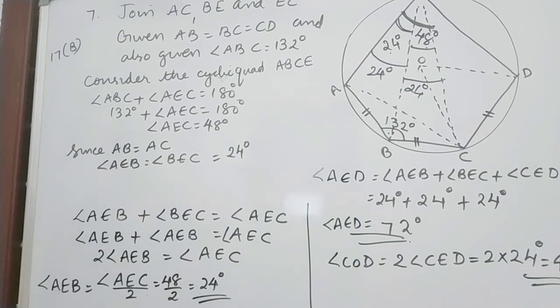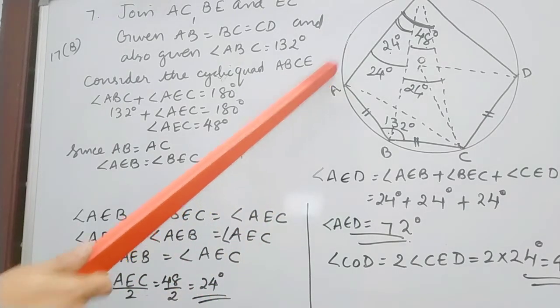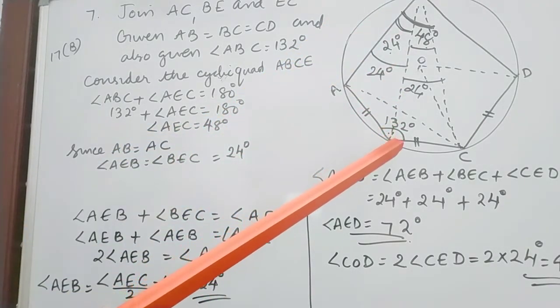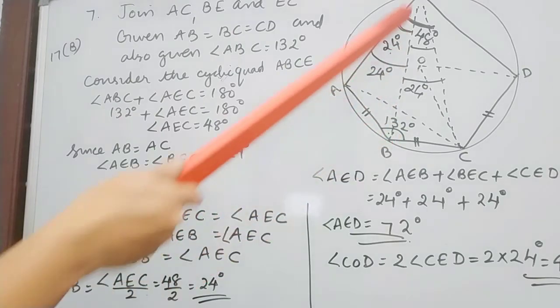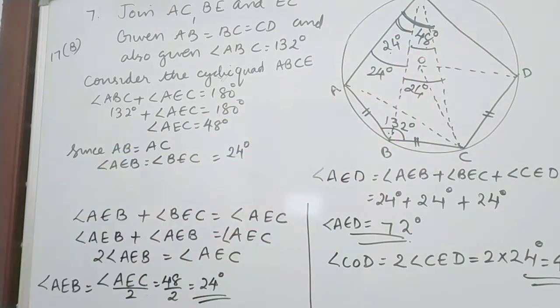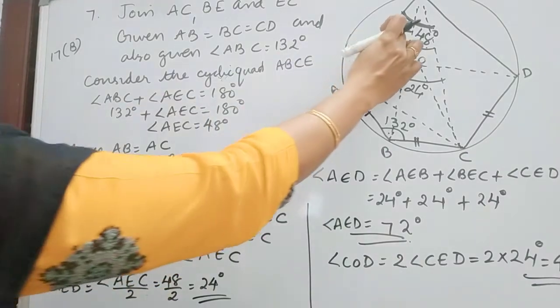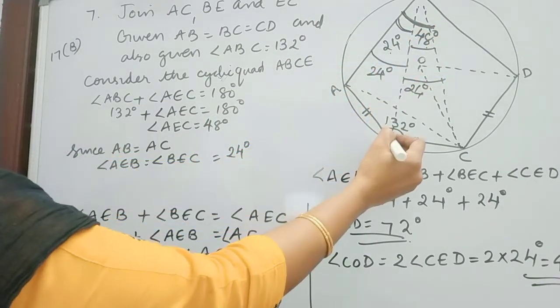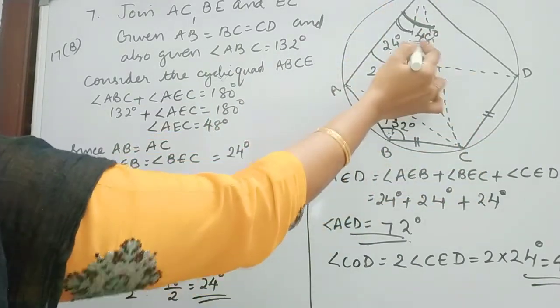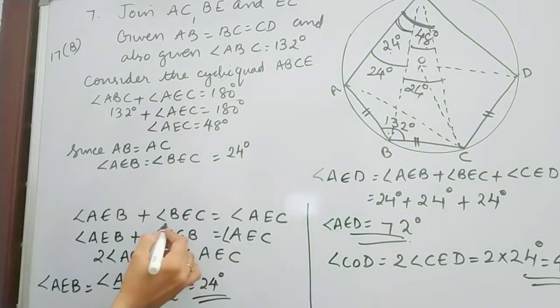Then look at AEB plus angle BEC. Since BEC is equal to AEB, these two angles are equal, so instead of BEC we can write AEB itself.